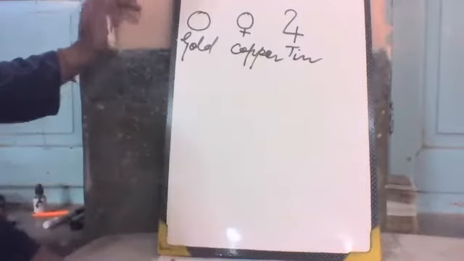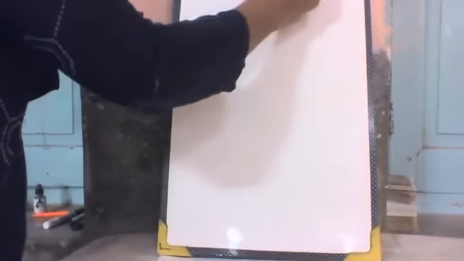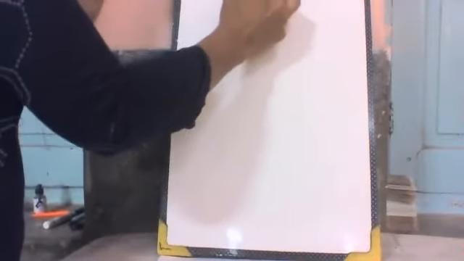Dalton's atomic theory. What did Dalton say? See, matter is made up of tiny particles called atoms.